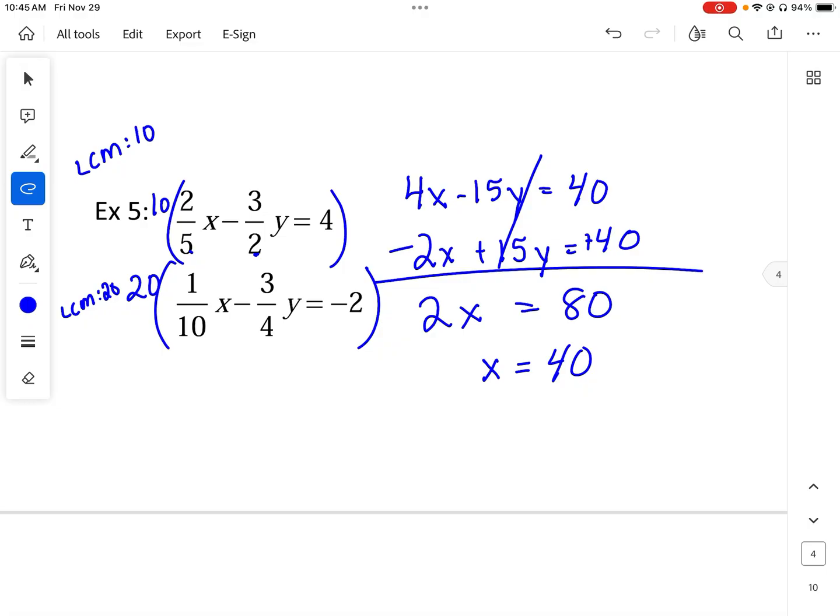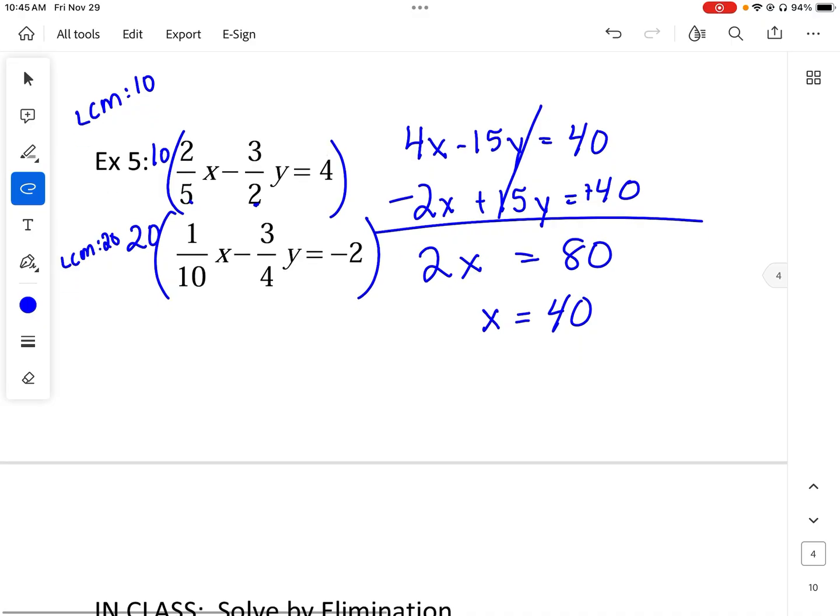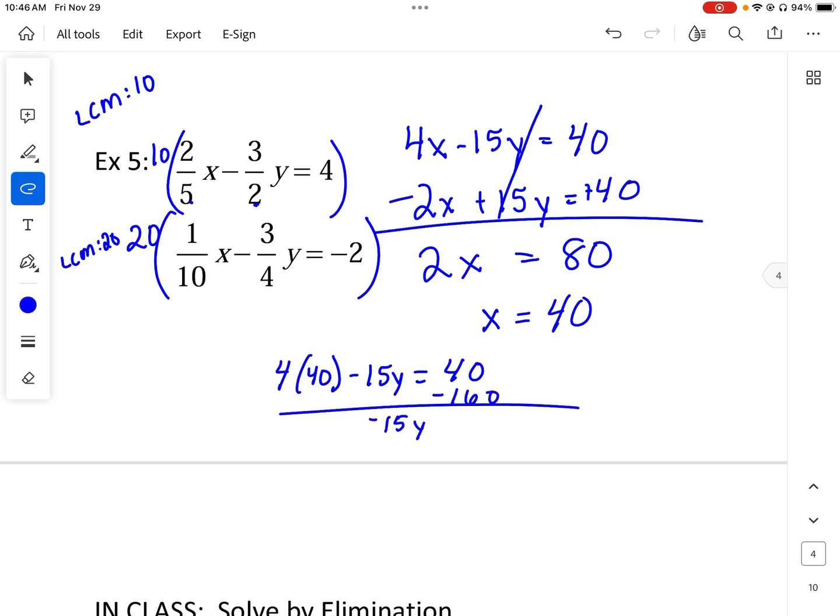Okay, and then I want to sub it back into one of the equations. I'll do the first equation. So 4 times 40 minus 15y equals 40. 160. So I'm going to subtract 160. -15y equals -120.